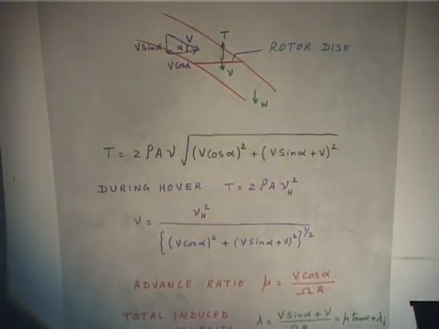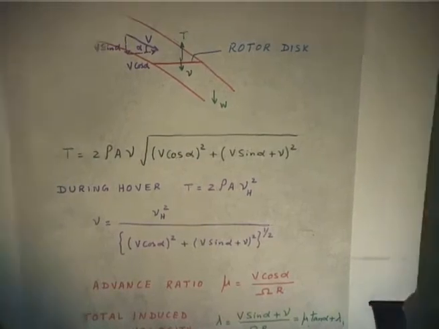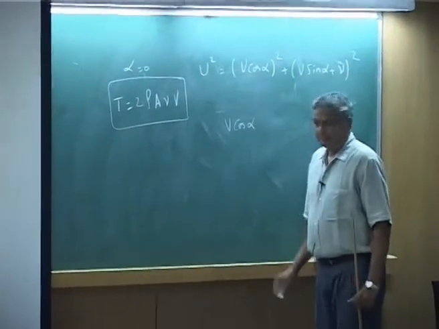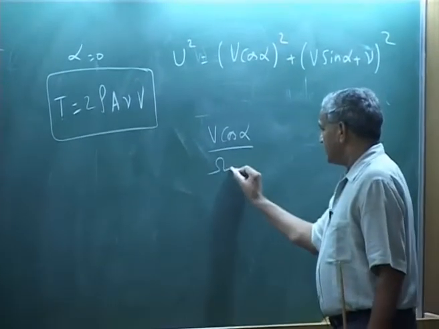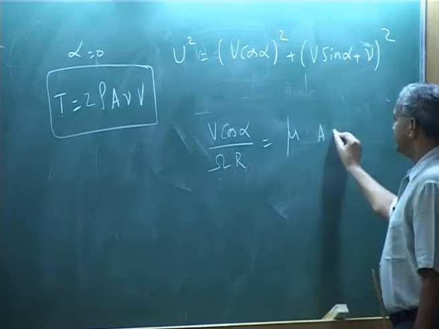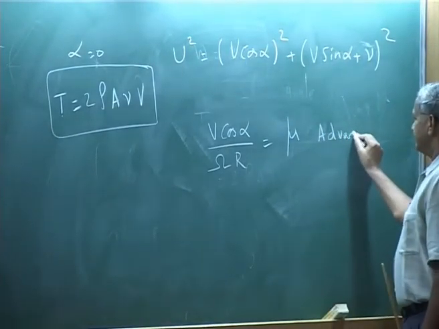So, that I will just briefly, before I go, I thought I will non-dimensionalize these quantities. These are the new expressions of the same velocities. We define V cosine alpha over omega r as mu, which is called the advance ratio.